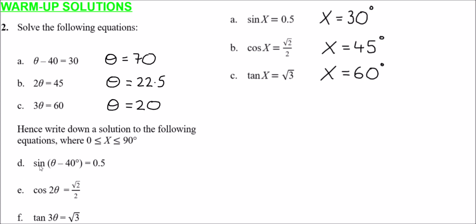So for part A, we're wanting sine of something to be equal to 0.5, and so what we're actually doing here is we're substituting theta minus 40 with big X, because this just looks unsightly and is more complicated to deal with. And so if we have a trig function with something awkward inside, we can replace the awkward thing with simply big X and solve for just one letter where big X is whatever it needs to be. In this case, big X was theta minus 40.